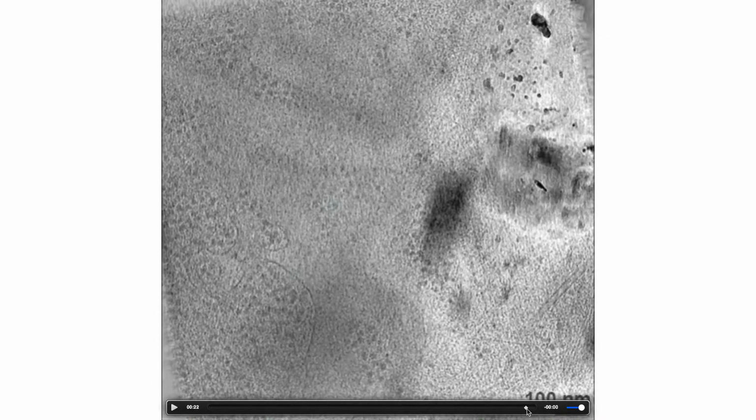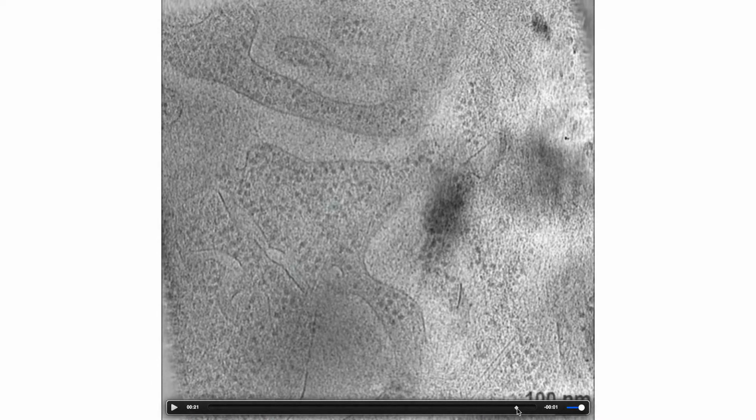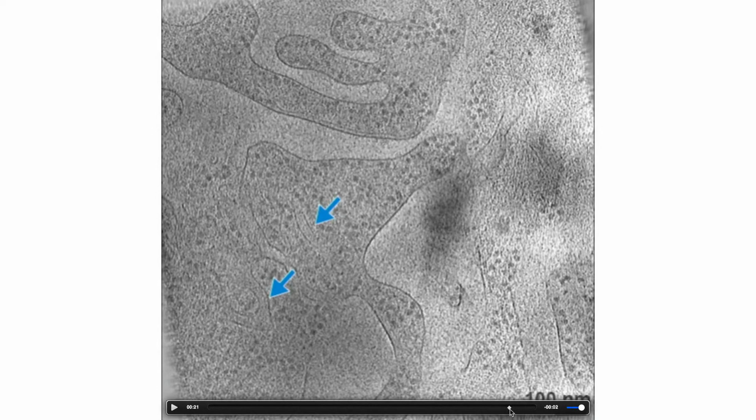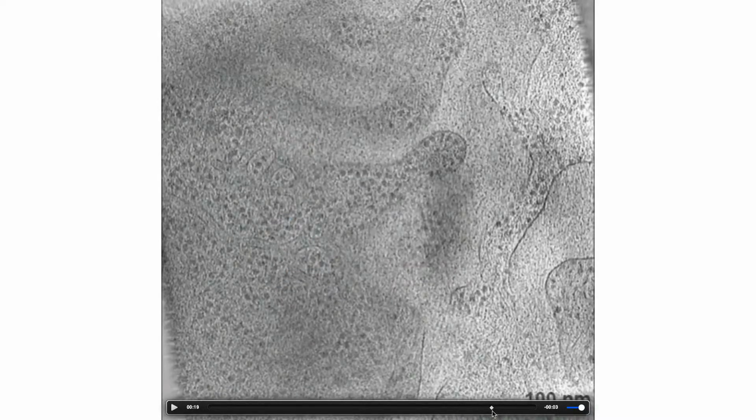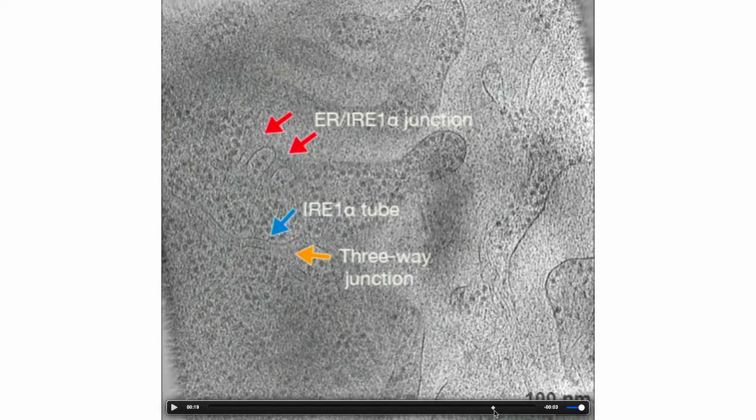So what you see where the fluorescence is: these very thin tubes with what looks like a railroad track going through them. And these tubes have three-way junctions, and they emerge from the ER lumen. So let me give you a little bit of orientation.